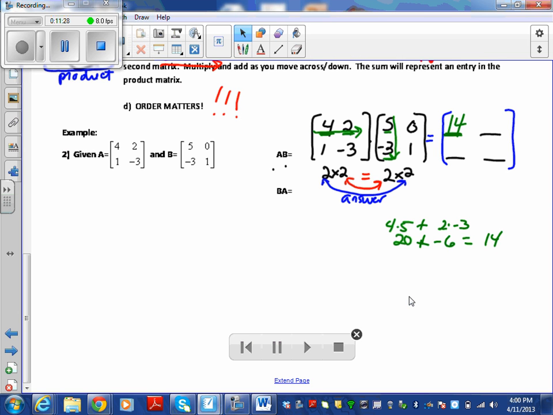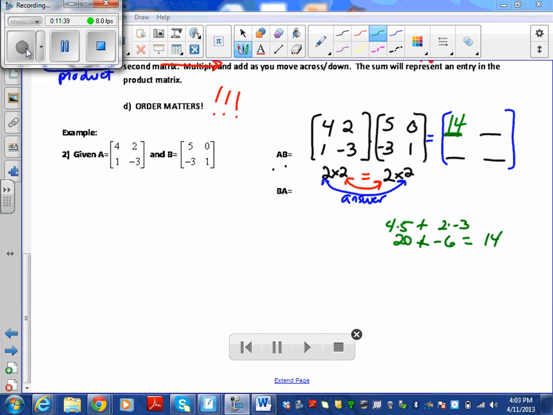Now let's see what would happen if we wanted to find the next entry in the answer. Notice how that location is the first row still, but the second column. So that's how I know which row and column I'll use in the matrices I'm multiplying.